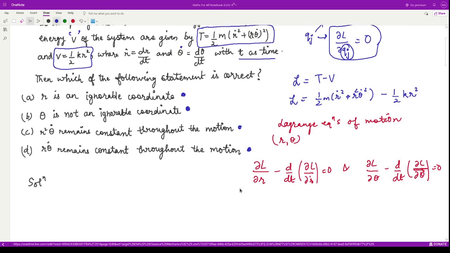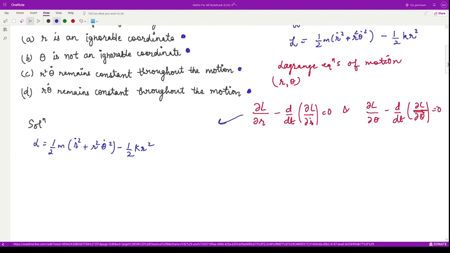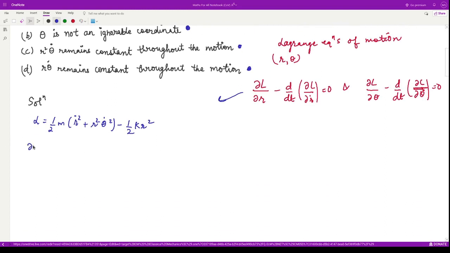Solving this, we have our L as half m times r dot square plus r square theta dot square, minus half k r square. Therefore del L by del r is 0 plus half m times 2r theta dot square, minus half k into 2r.